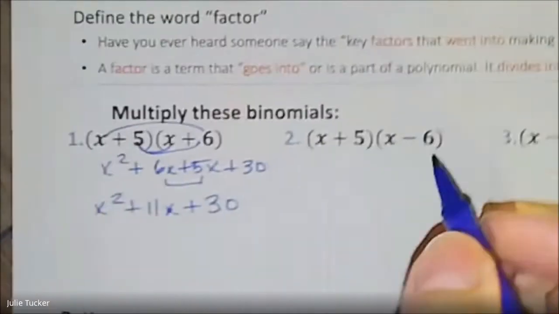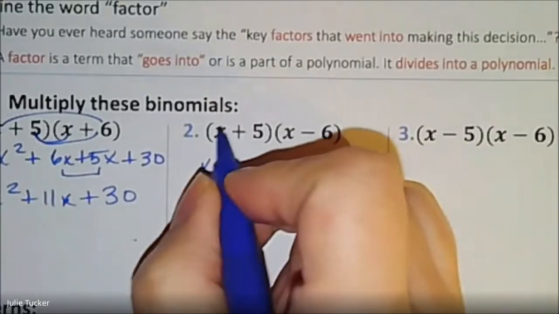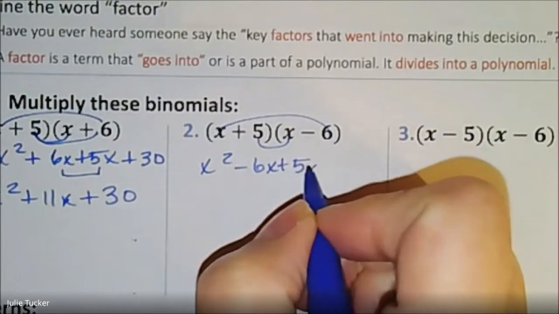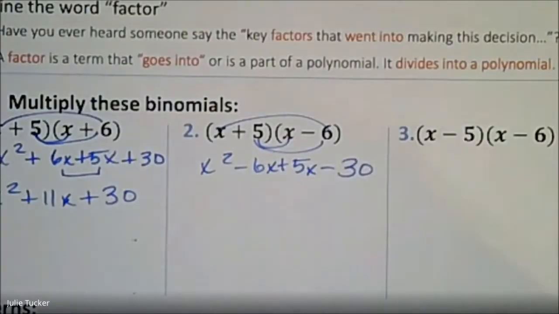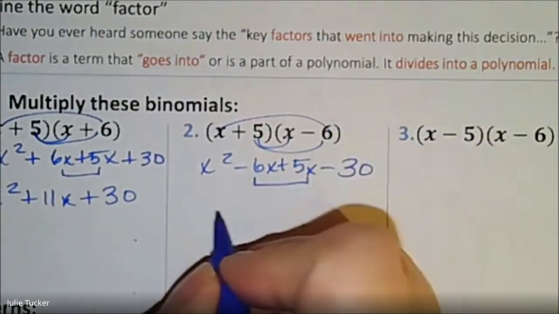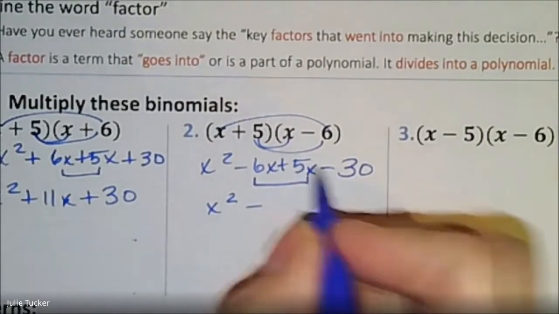All right, the next one would be x squared minus 6x plus 5x minus 30. What's that middle term?